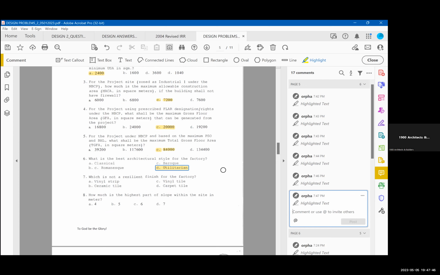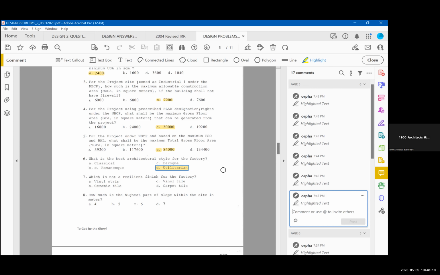Ang question is, which is not a resilient? So, ano ba ibig sabihin ng resilient? Resilient yung pwede siya sa, kumbaga, pwede siya sa mga different conditions.